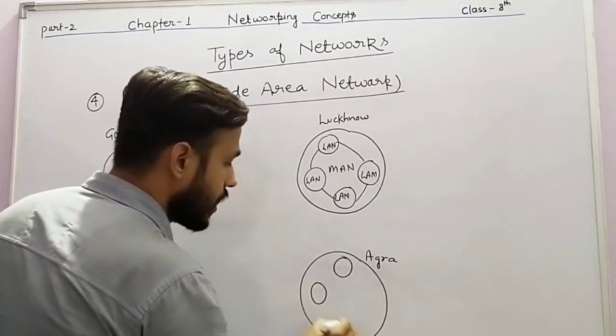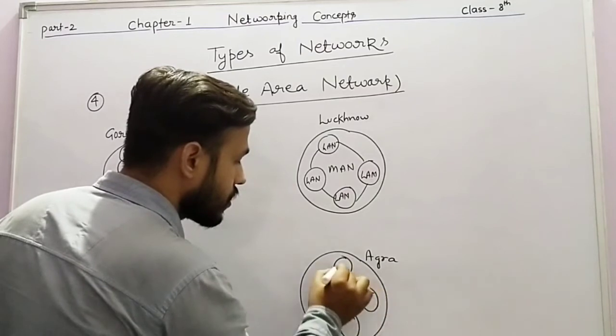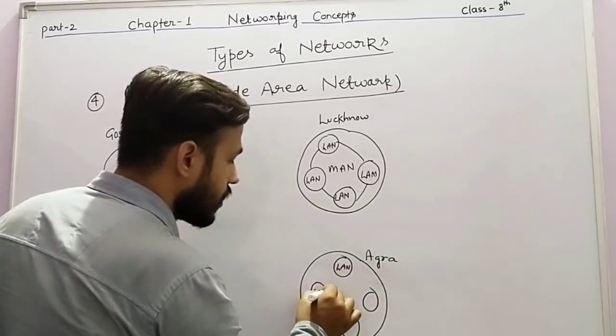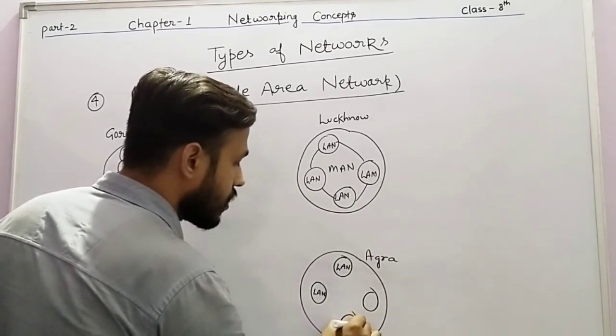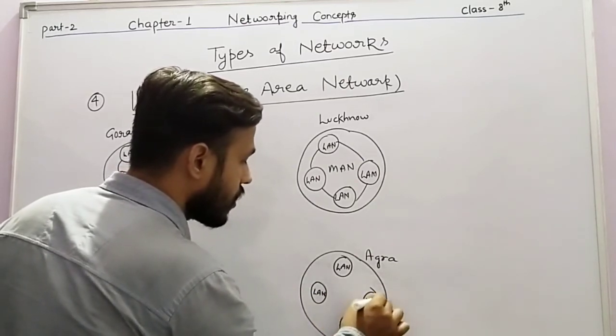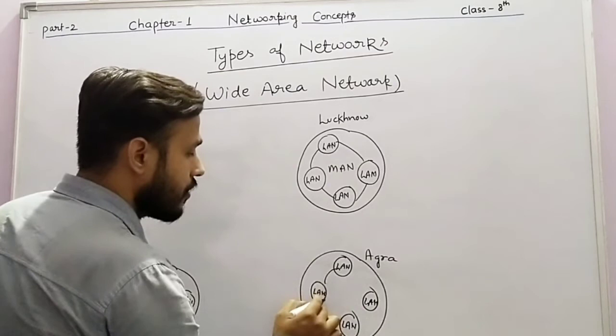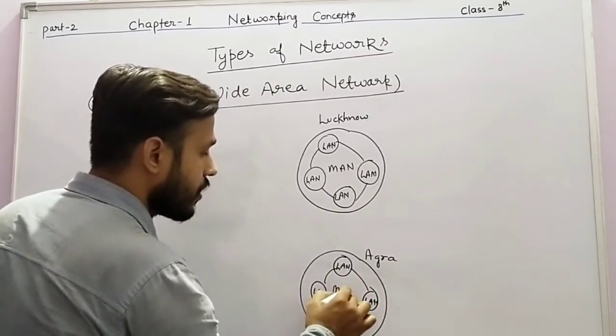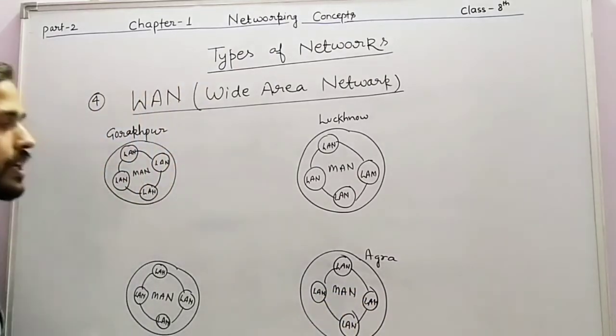This is a local area network, this is also a LAN, and if we connect them, it will convert into a metropolitan area network. So this is the basic connection.